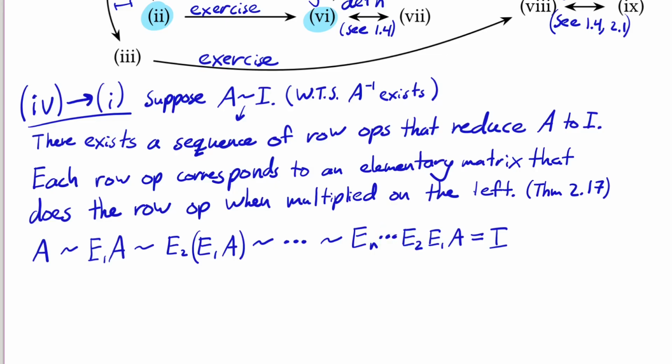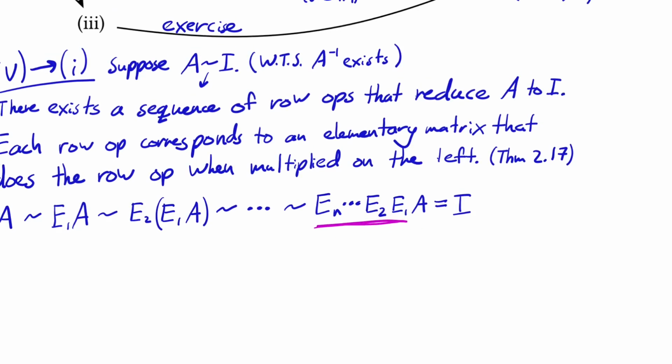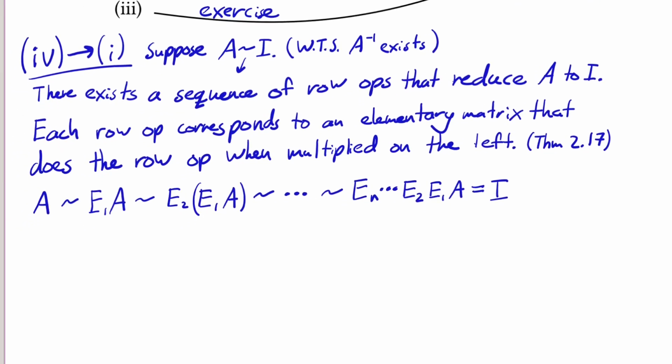Now, we're kind of almost there, right? You can see we have something multiplied by A to get the identity. Well, that doesn't necessarily mean that if we change the order of these, it would still work. So we still have a bit of work to do. We know that elementary matrices are always invertible.